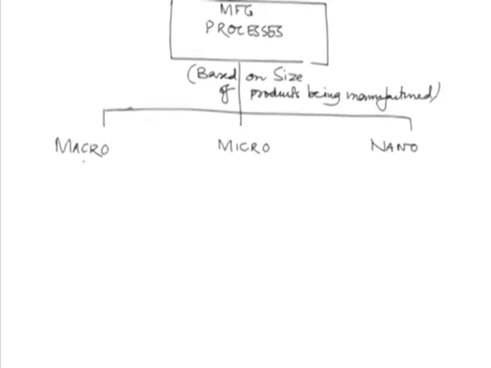Now, most of the products we see or use in general are in the macro domain, but in the micro domain there are certain products like powder, most of the powder materials. Nowadays even electronic components are manufactured in the micro domain.